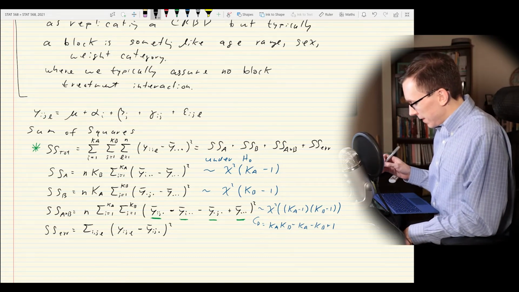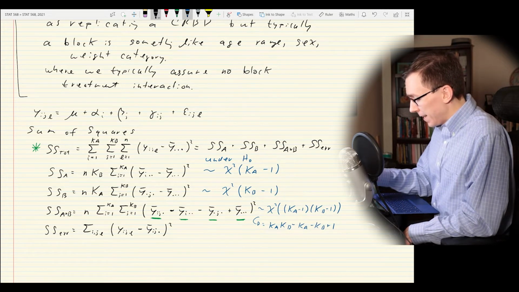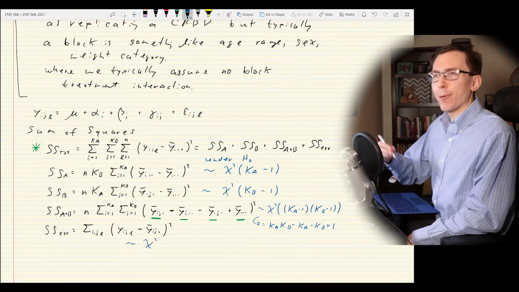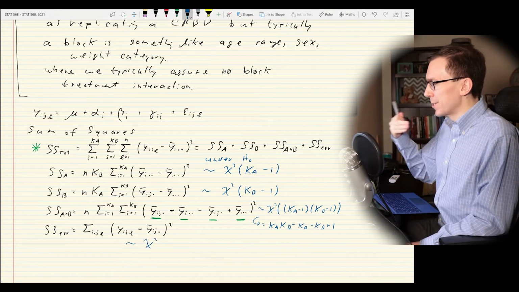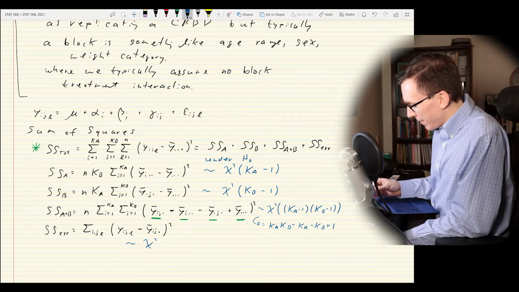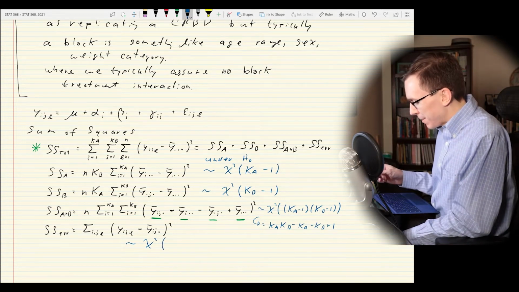So that's those terms. And then the last one, which I'm going to write on the next line here, is our error sum of squares. This is the only one that doesn't require a null hypothesis. We always assume that the error sum of squares follows a chi-square distribution with a certain degrees of freedom.